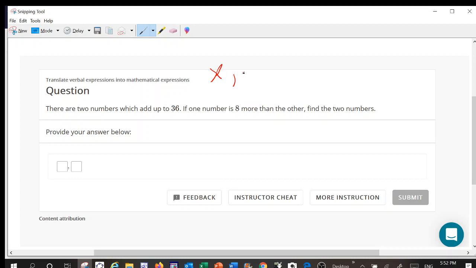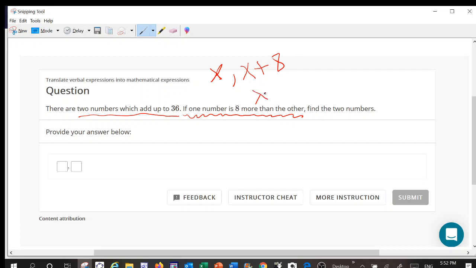We're going to write y, but instead of writing y, I want to write something related to this variable, because in math it's easier to solve equations if you have only one unknown, right? So we keep that one number. What is the other one? Well, it says one number is 8 more than the other one. So instead of writing y, I just write that number plus 8. That's 8 more.